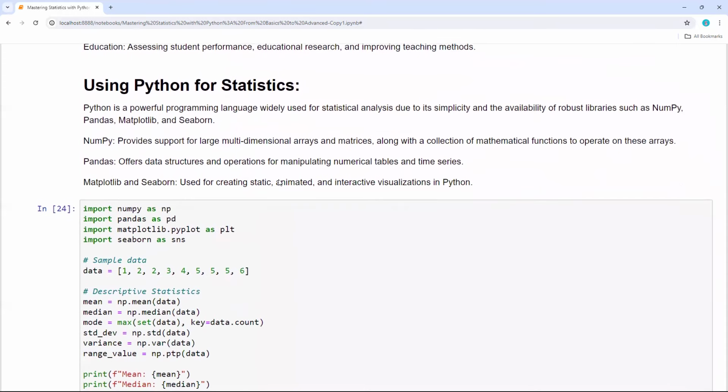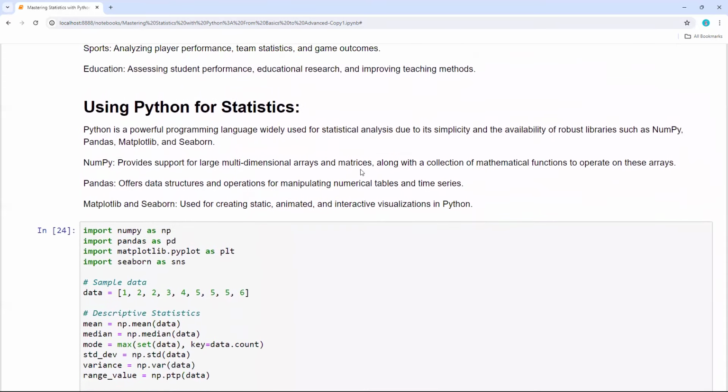So this is normally how we use Python for statistics. It is a powerful programming language widely used for statistical analysis due to its simplicity and availability. We can calculate these methods using NumPy, Pandas, Matplotlib, Seaborn, and SciPy.